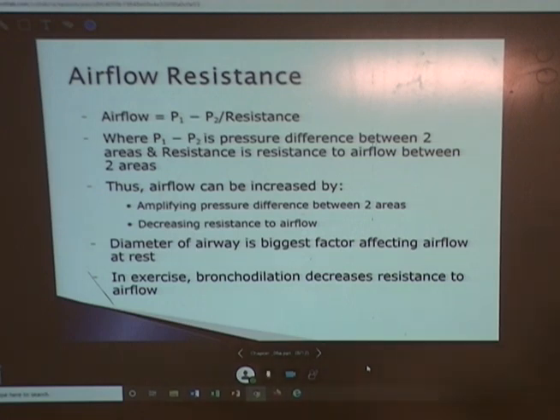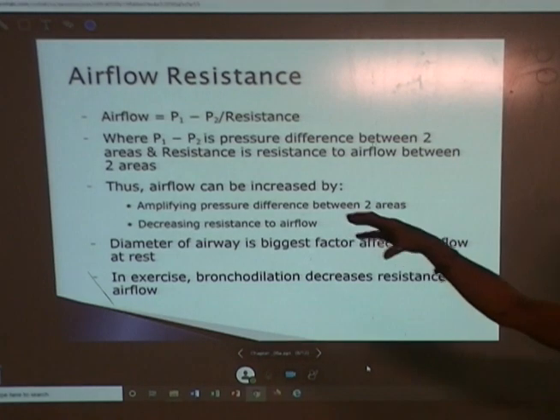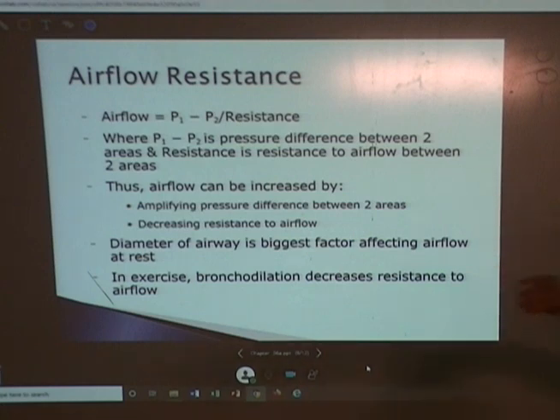So resistance to airflow is exactly the same technically as resistance to blood flow that we looked at in the last chapter. It's the same principle. So instead of blood flow, we've got airflow, we've got a pressure differential from point A to point B, and the resistance. Right?